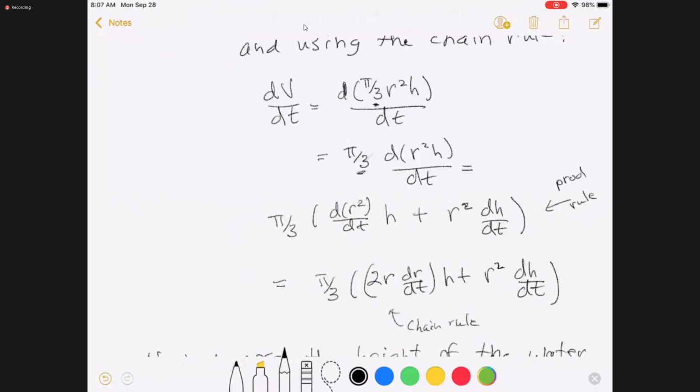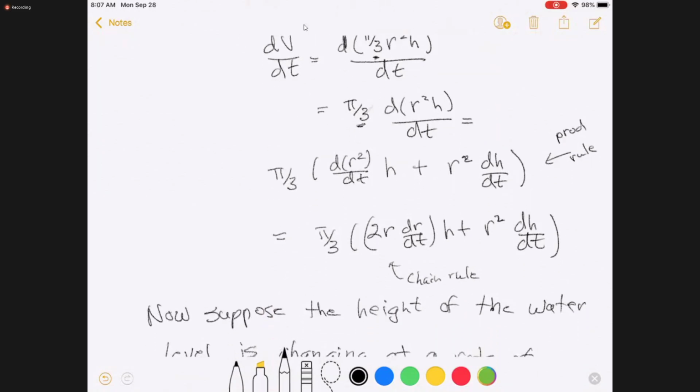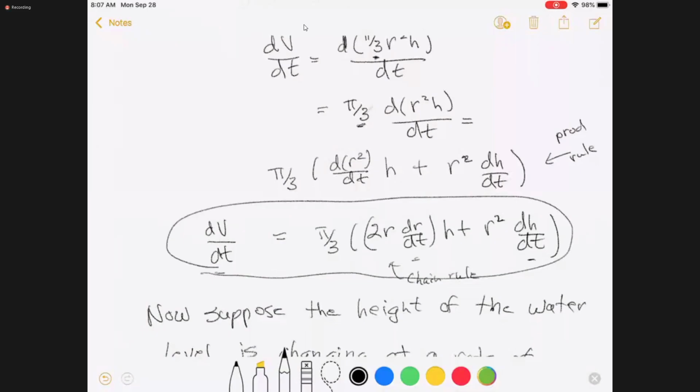So the inside function is r, and the outside function is the squaring function. And that means the derivative of r squared is 2r dr/dt. And that does it. That's how these two quantities are related, or these two derivatives. This is why you call them related rates. dV/dt, dr/dt, and dh/dt are related by that equation. Any questions so far?